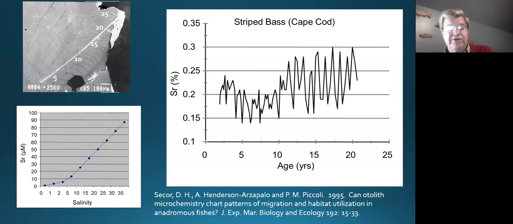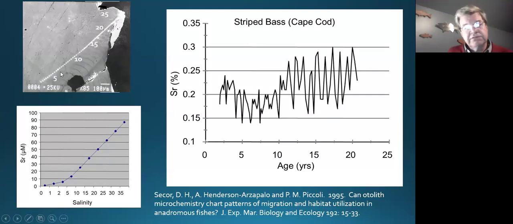And striped bass migrate between different salinity zones. As Mansuetti and I showed in our study, they're going to go up into fresh water to spawn. They're going to do that every year. They're going to start life in fresh water. They're going to spend some time in brackish, mid-salinity waters, and then eventually maybe they're going to go out in full-strength salinities.